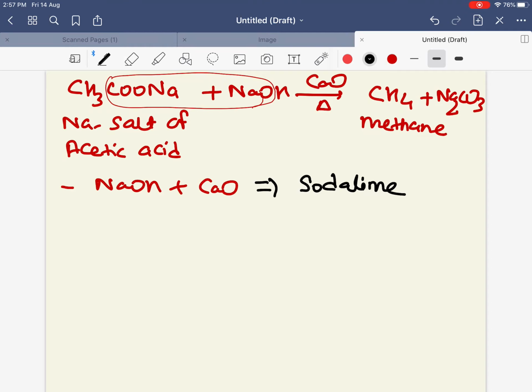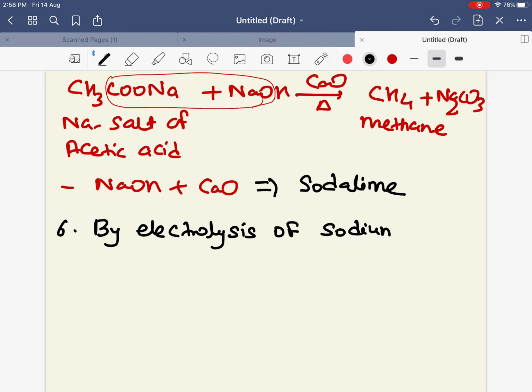Okay. So the next method of preparation of alkane is very important, and that is by electrolysis of sodium or potassium salt of fatty acid.